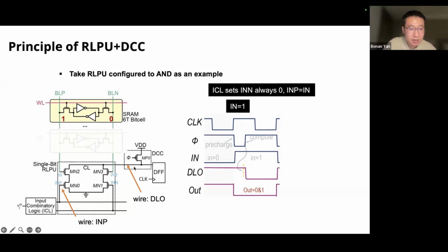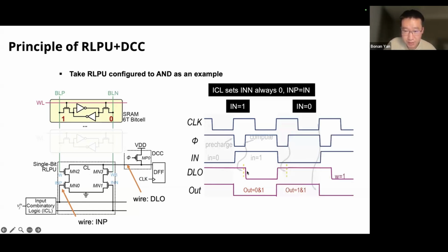After that the computation happens on this ILPU circuit, and we do an AND. And after that, we discharge using the DCC transistor here and do the computation. So basically, this is the principle of dynamic logic. We just do the pre-charge and discharge to do the logic computation.